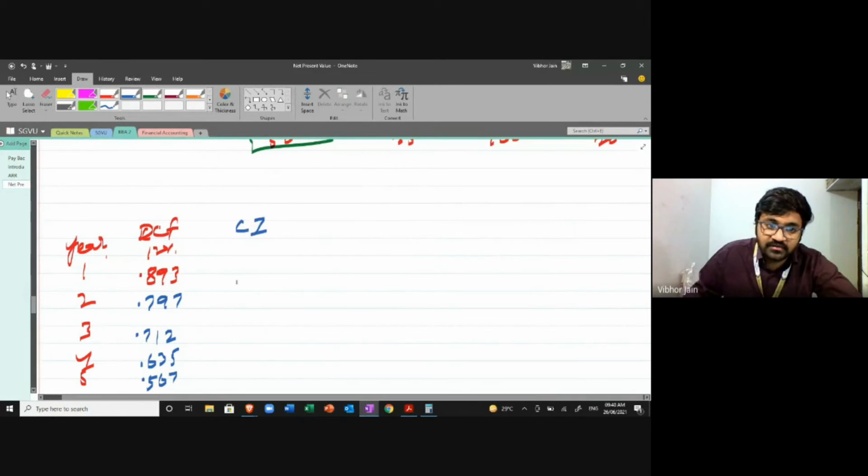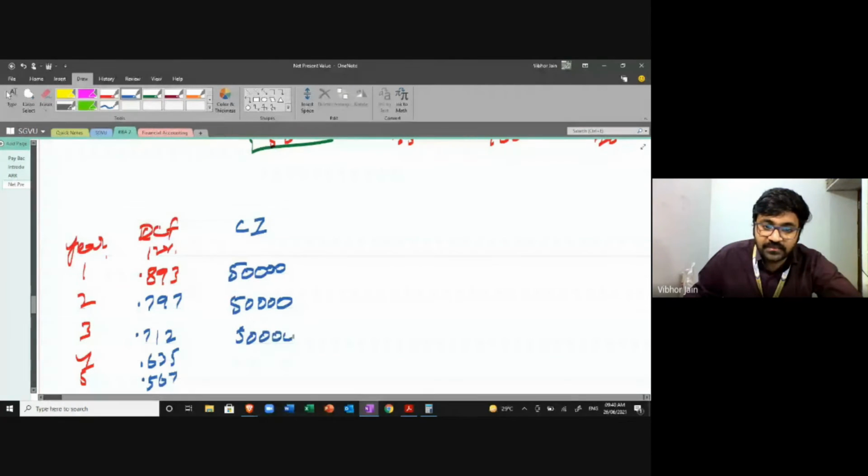My cash inflow for the first year is 50,000. For the second year it is 50,000. For the third year it is 50,000, and for the fourth and fifth years also it is 50,000.